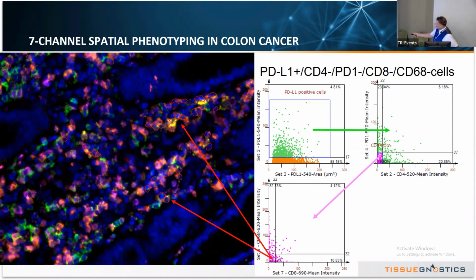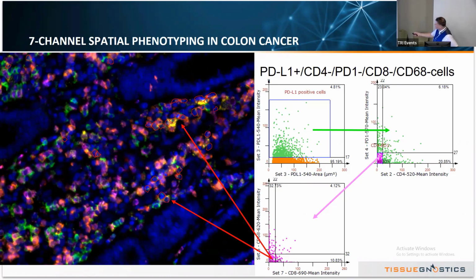And this gate is the input gate for the second scattergram, where we look at CD4 on the x-axis and PD1 on the y-axis. All events here, because they come only from this gate, we know are PDL1 positive. With our two cutoffs, this is the lower left quadrant, the double negative.